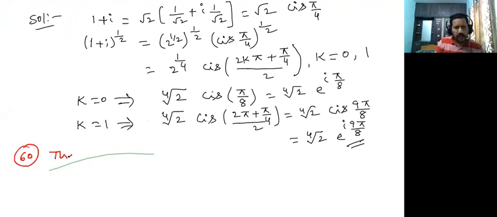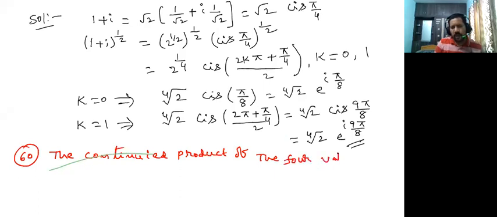The continued product of the four values of (cos pi by 3 plus i sin pi by 3) whole power 3 by 4.